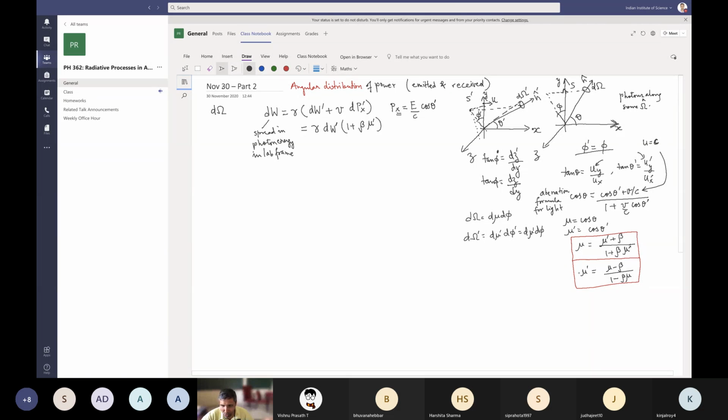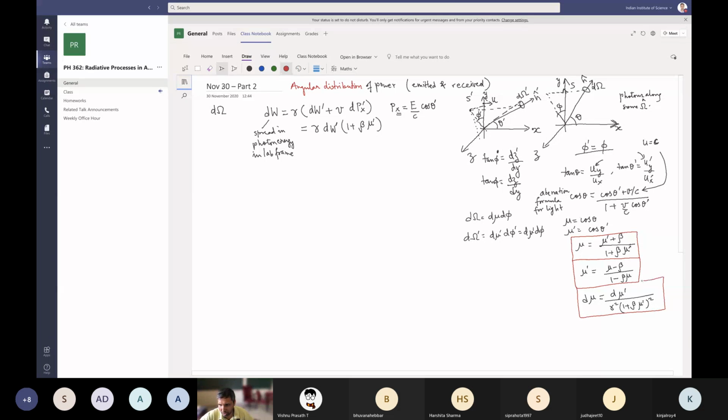So we'll have to take the derivative of this. We can show from this that d mu is equal to d mu prime divided by gamma squared times 1 plus beta mu prime squared. So this is how the differential, the change in mu or change in theta, is related.